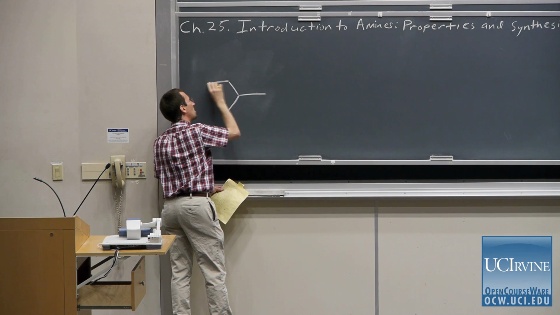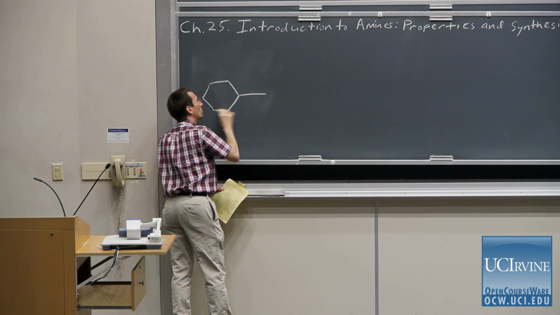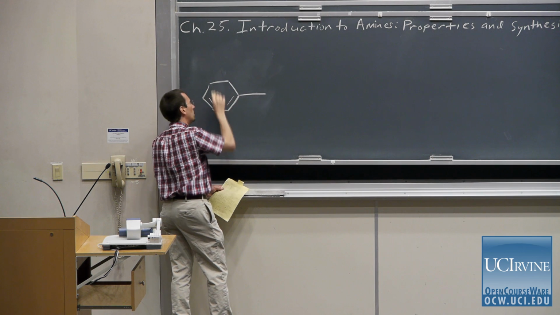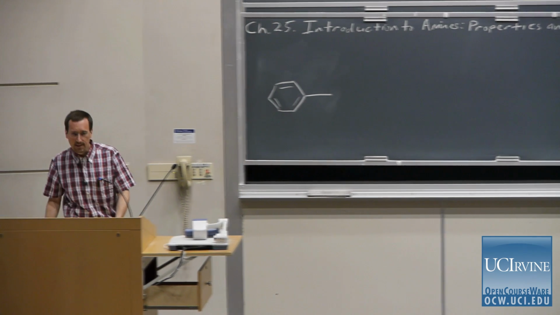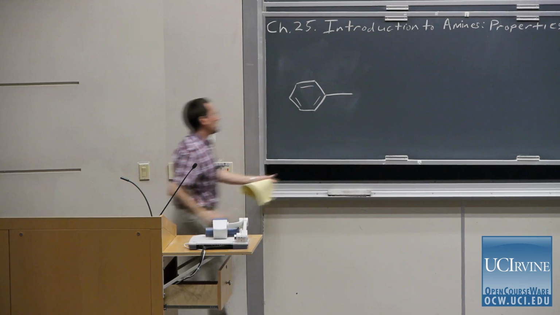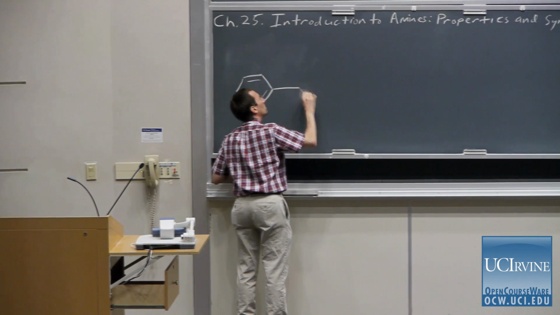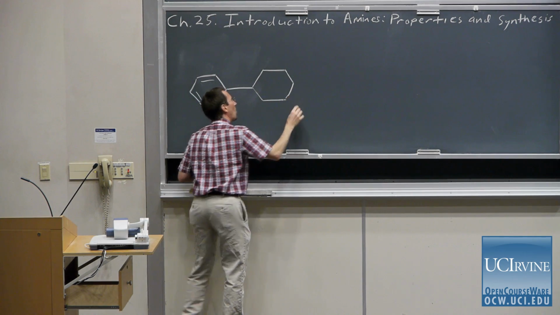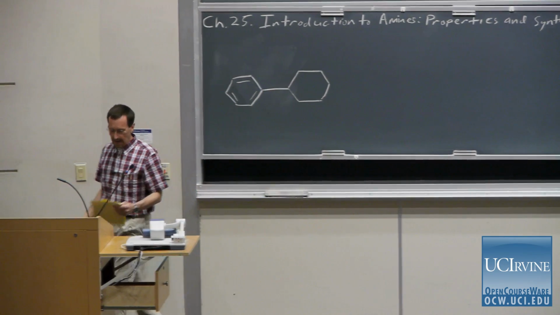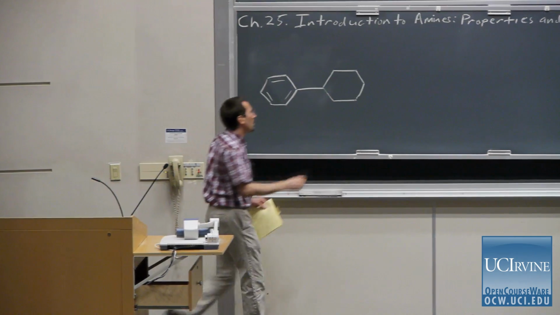So we're going to start by drawing a benzene ring, like so. And we're going to connect that to a cyclohexane ring. We'll make it a cyclohexene ring.